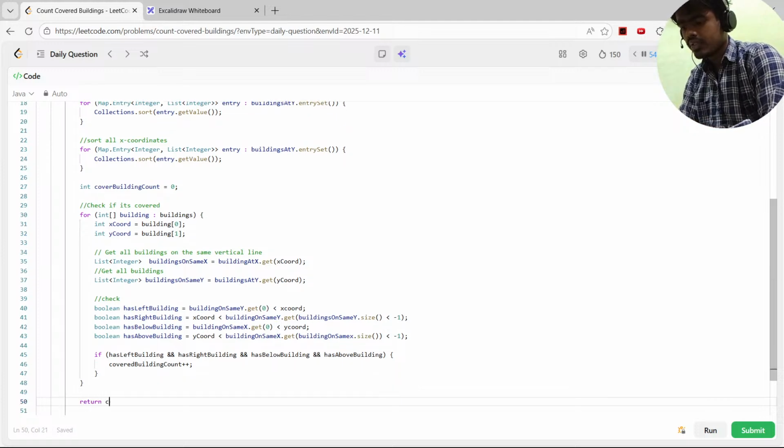Then you have to return covered building count.